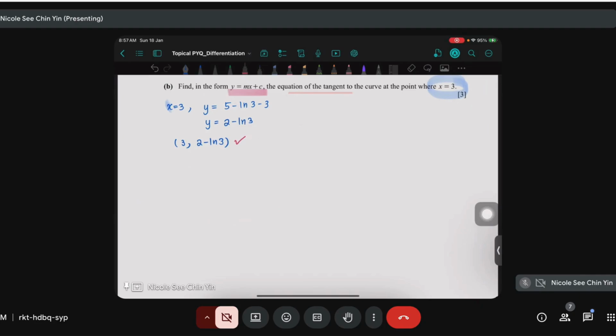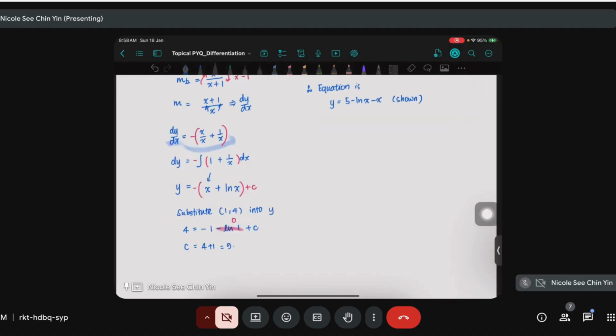Second information, I need to get my m. My m is actually my dy dx. My original equation is y equals to 5 minus ln x minus x. From my previous working, my dy dx is actually negative x plus 1 over x. You look at my solution here.